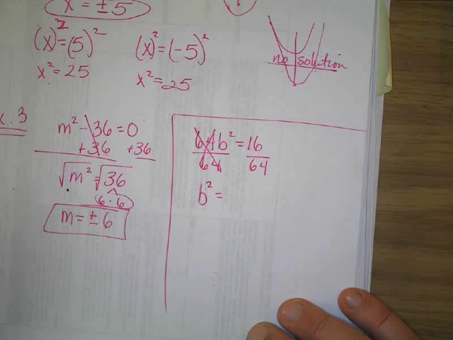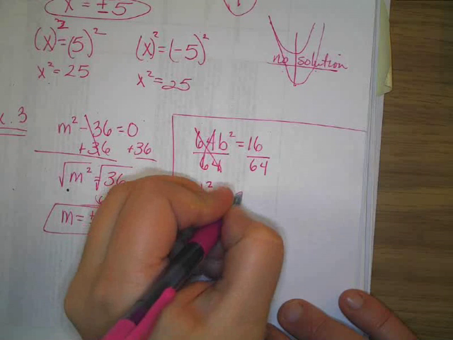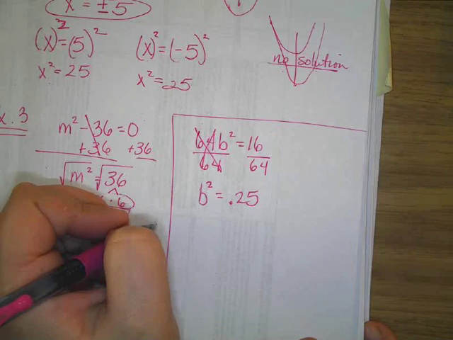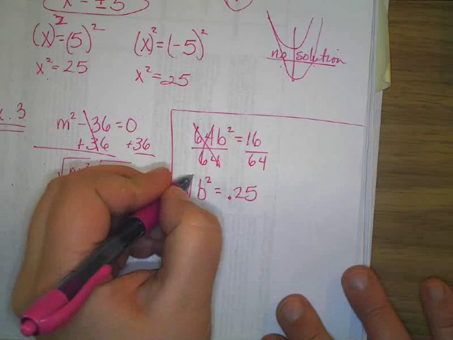So on these kind, what's 16 divided by 64? Use your calculator. Tell me. 0.25. And now what do we need to do? Now we got to square root that.